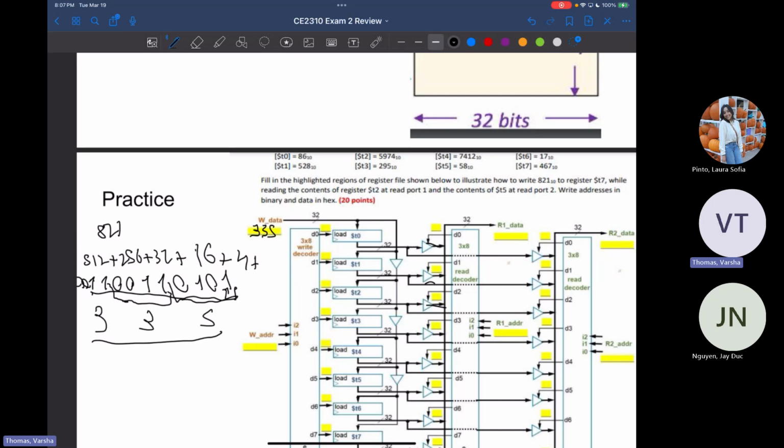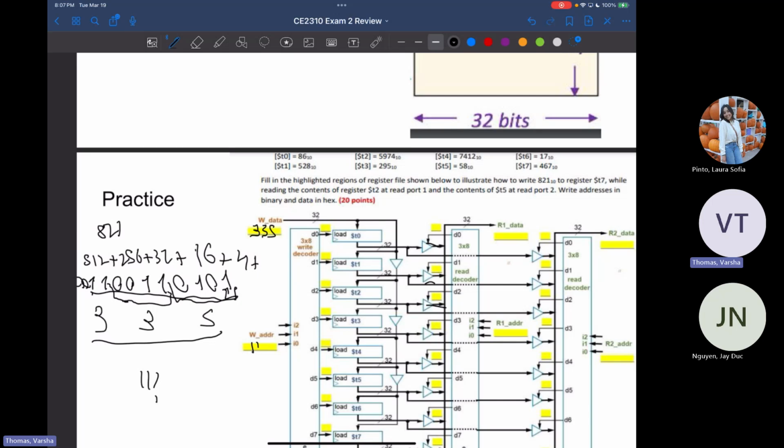So T7. In the registers, if you remember, we have T0, T1, T2, T3, T4, T5, T7. And the way you write it, you simply write it according to the number. And we know 7 equals 1, 1, 1, because that's 1 plus 2 plus 4.